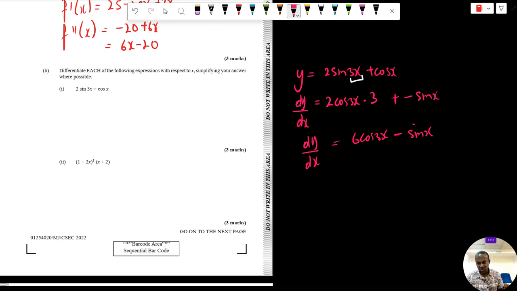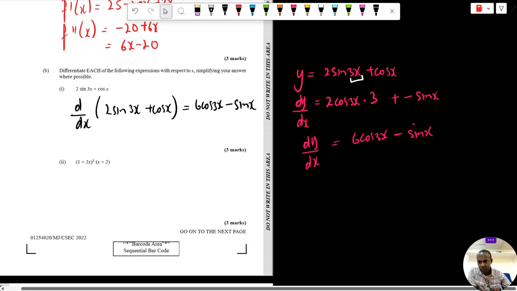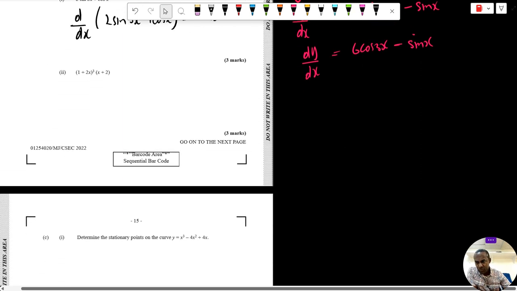So for this expression, 2 sine 3x plus cos x, its derivative is 6 cos 3x minus sine x, right? So basically we can write that d by dx of 2 sine 3x plus cos x equals 6 cos 3x minus sine x. All right, next part now.